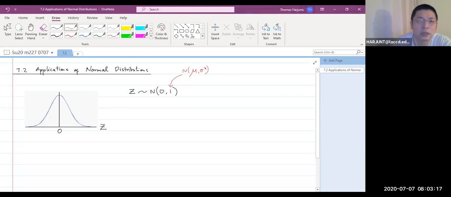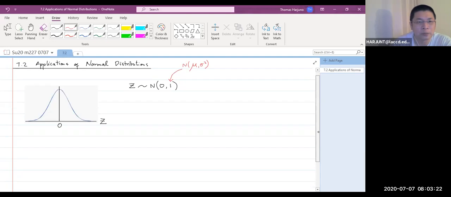That's the notation. Now, here's the thing. Let X be normally distributed with mean mu and variance sigma squared.